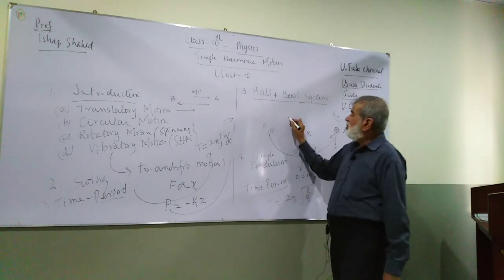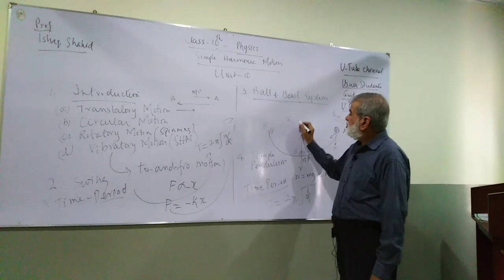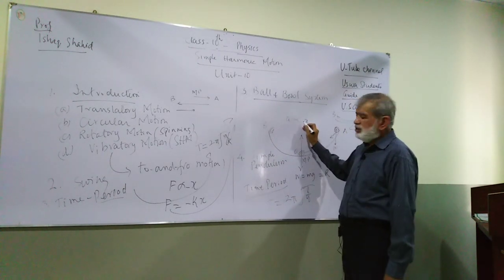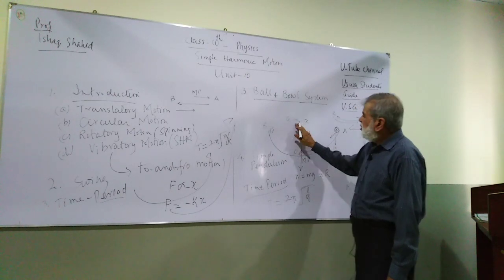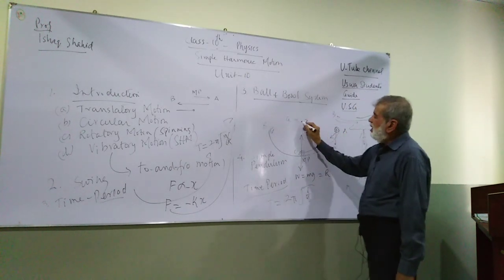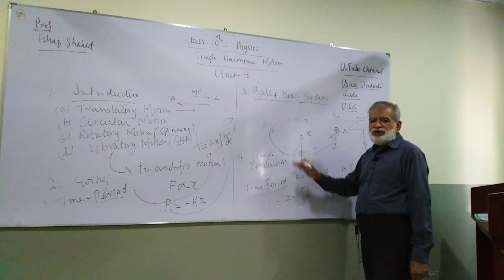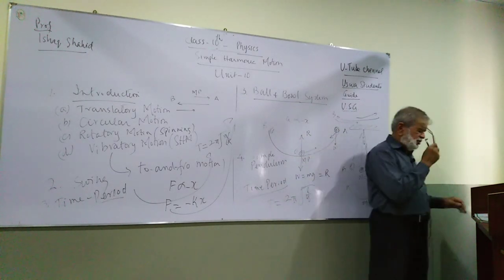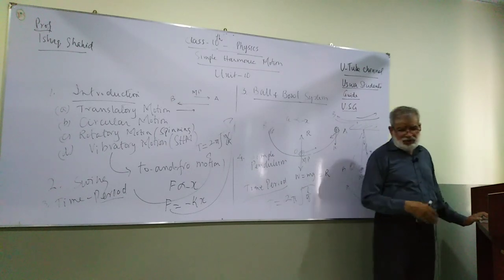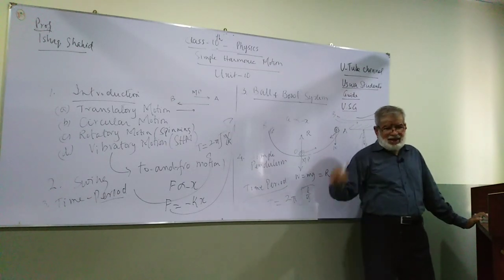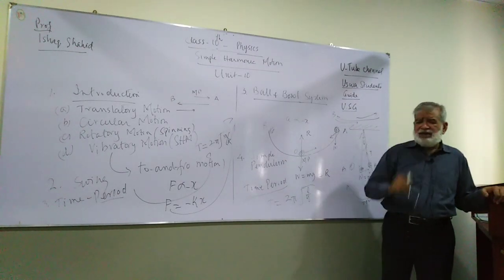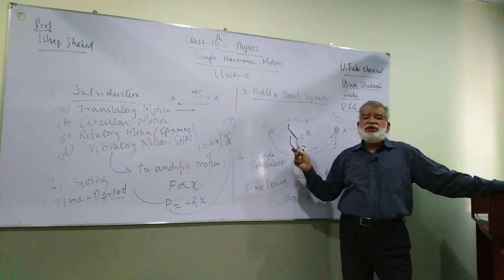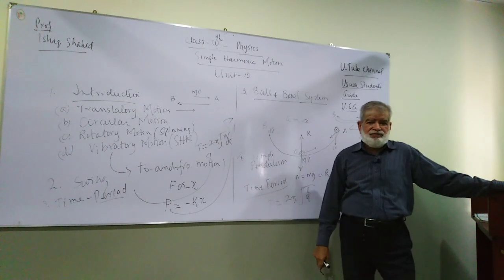As we talked about in the case of a mass attached to a string, acceleration is directly proportional to the displacement from the mean position, and it is directed towards the mean. So simple harmonic motion is a kind of vibratory motion in which a body vibrates to and fro about the mean position, and acceleration in it is always directed towards the mean position and is proportional to the displacement from the mean position.